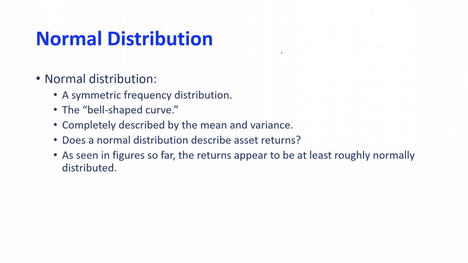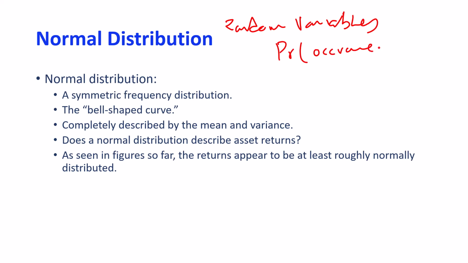Security returns are examples of random variables, and the things that can happen to these security returns usually have a probability of occurrence. You can calculate the probability that, for example, a certain return happens in the future.